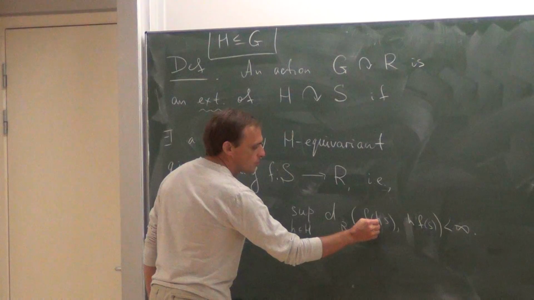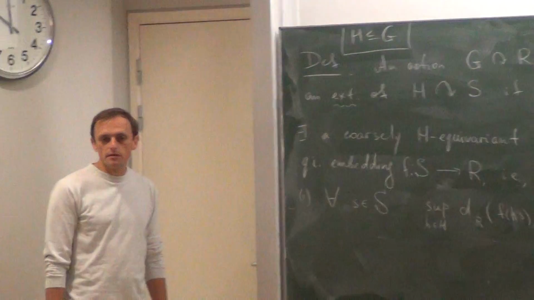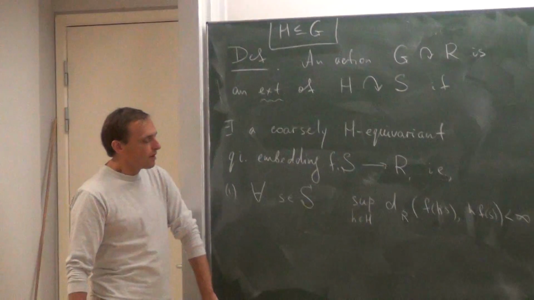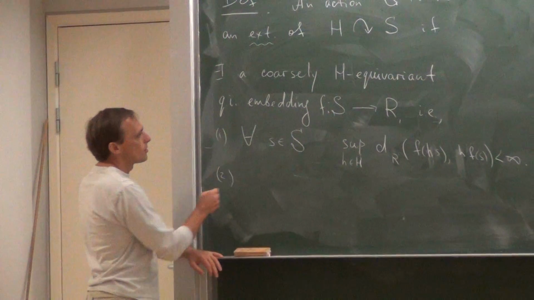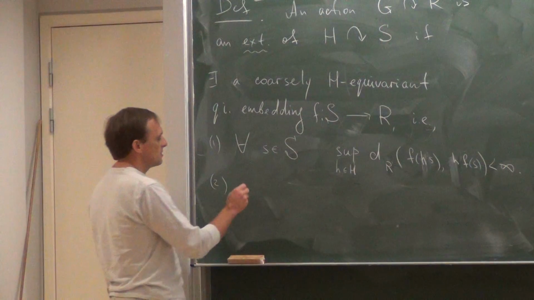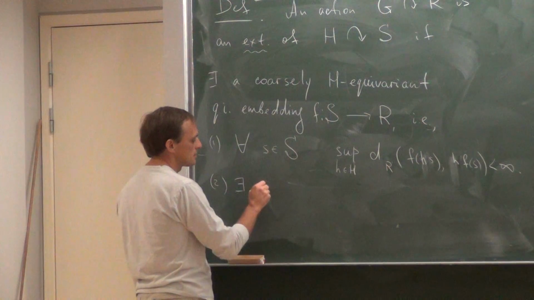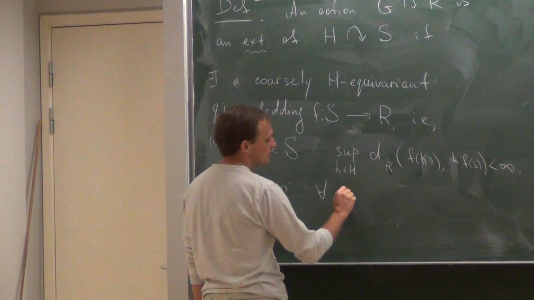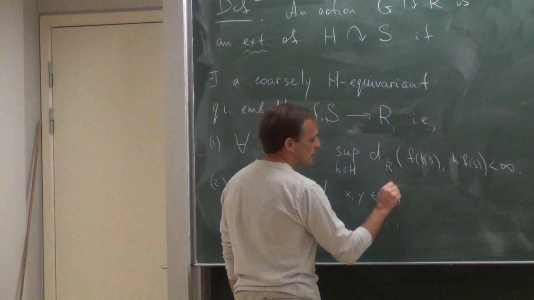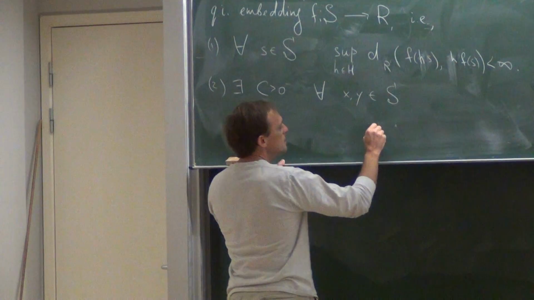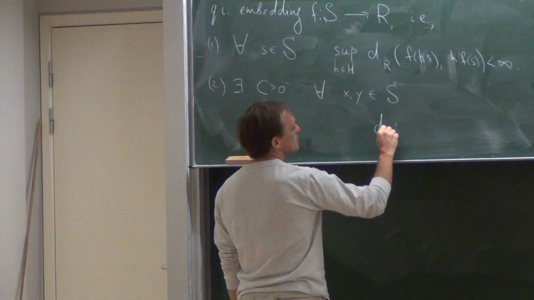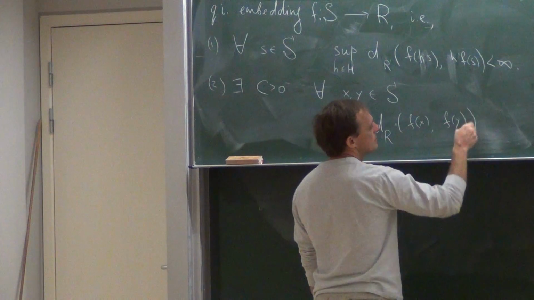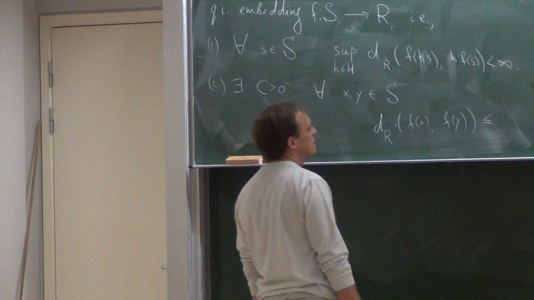So if this supremum was 0, then this is H equivariant. I just require that this is finite. And second, what it means to be a QI embedding, that means that there exists some constant C such that for every x, y in S, the distance in R between the images of x and y satisfies the inequality.